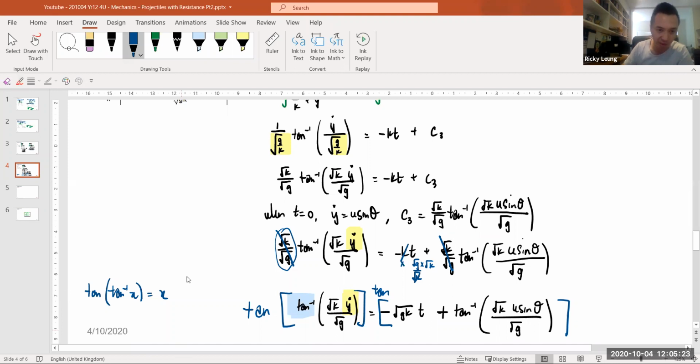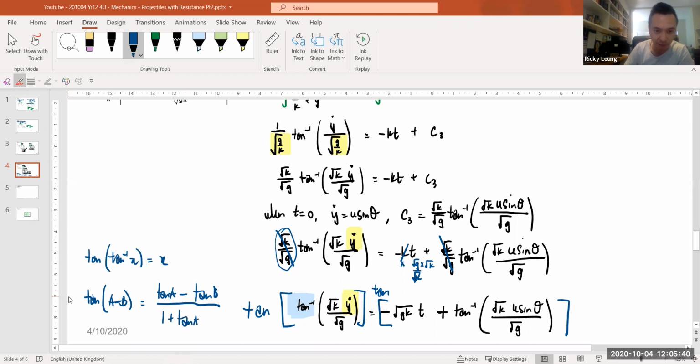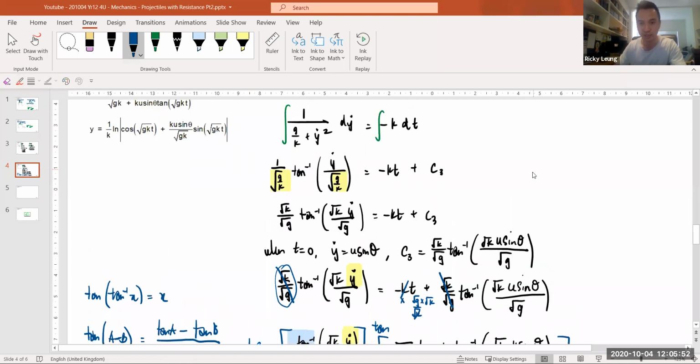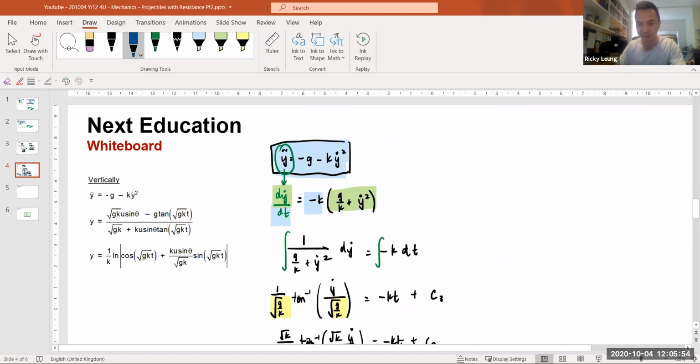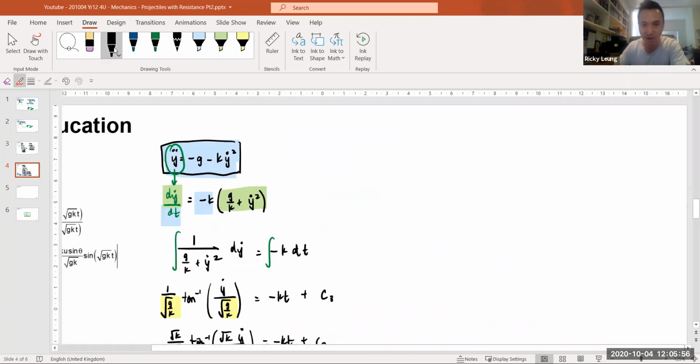It feels like I'm going to access the tan compound angle of A minus B, where we know that's going to be tan A minus tan B over 1 plus tan A times tan B, right? So that's the compound angle we're going to access on the right-hand side. Let's go there. On the left, tan of tan inverse, we get that. On the right, compound angles. Woohoo, okay, let's see. This is going to be not pretty.